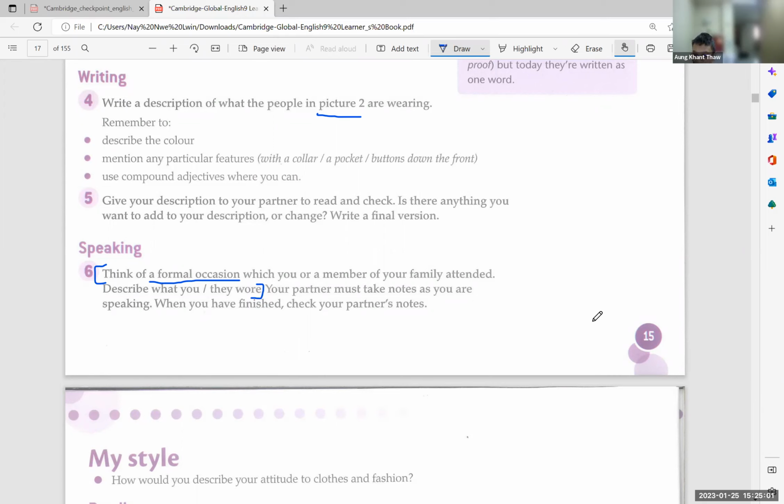Teacher, to be honest, it has been many years. Okay, it's okay then. As I remember, all of us wore long sleeve shirts, and all of us wore paso.